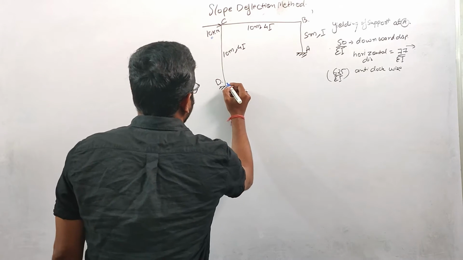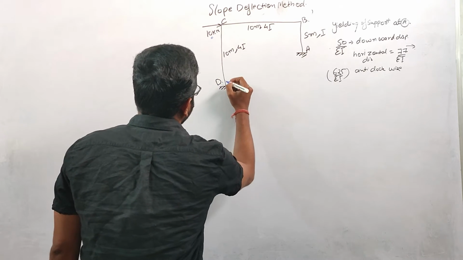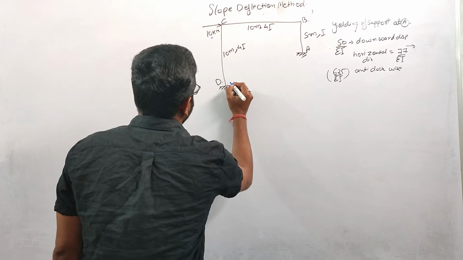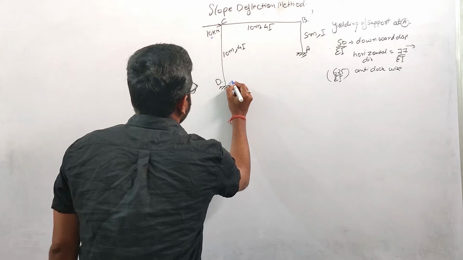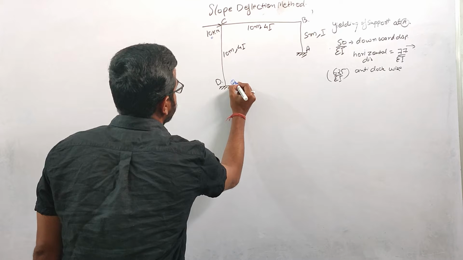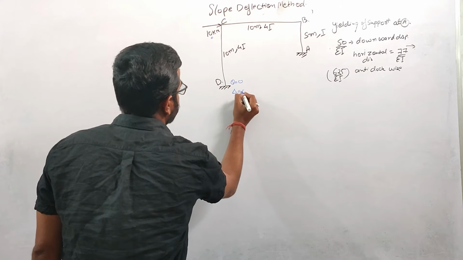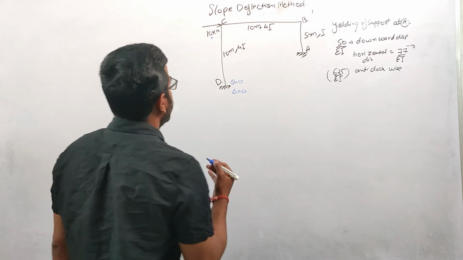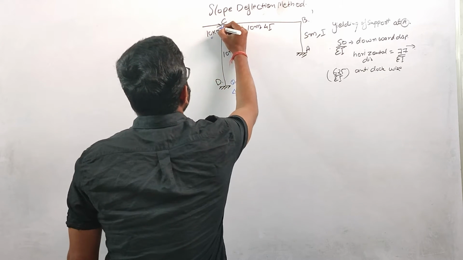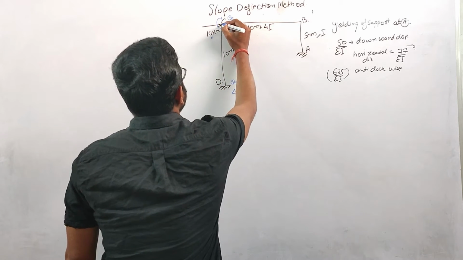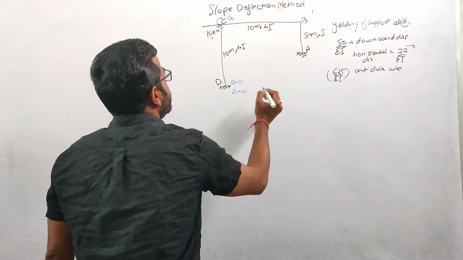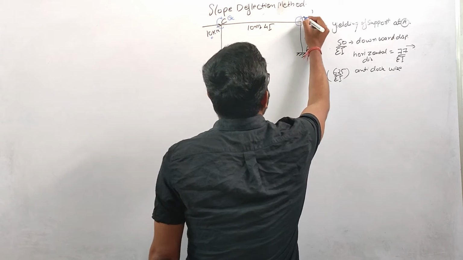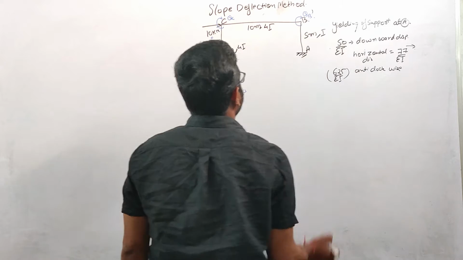So when we come to point D, the kinematic indeterminacy is 0 basically. Unknown displacements are 0, theta is 0, and delta is 0, right? Now what happens when we come to point C? At point C, we'll have one rotation, theta C. This is a rigid joint, so there will be only one rotation. At B, again we'll have some rotation, theta B, right?